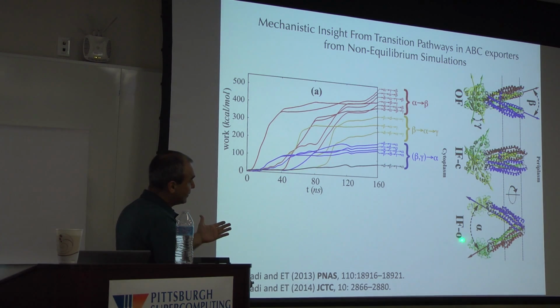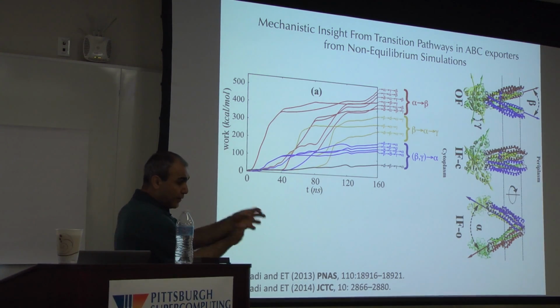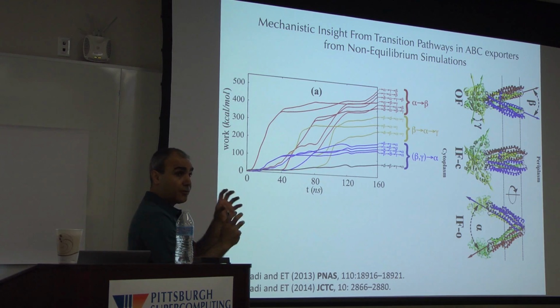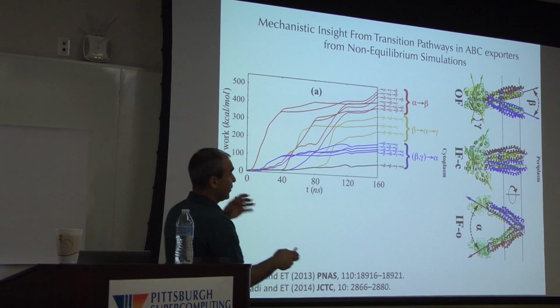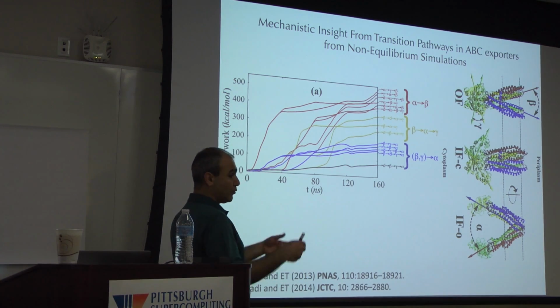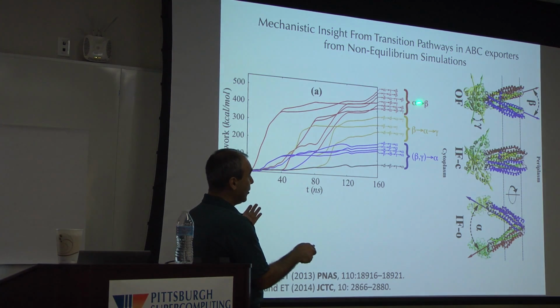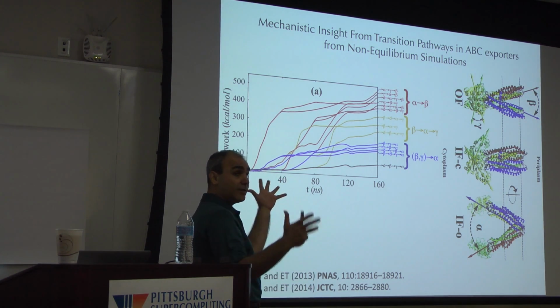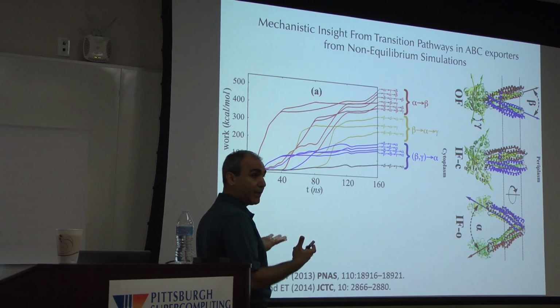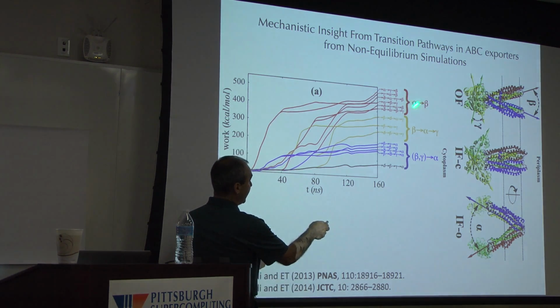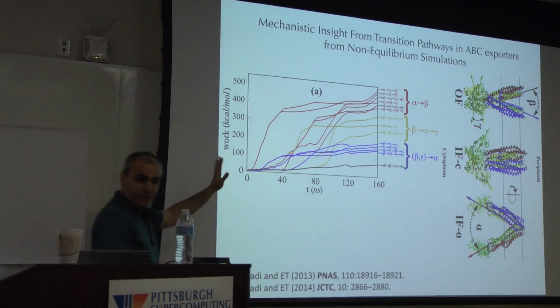And the reason is that before closing beta, you cannot open alpha. So it is mechanistically also wrong. And the protein mechanics, the way these helices are arranged, ensures that. That's very interesting. That's how this protein was selected by evolution to do this job, to be an alternating access model, because its mechanics didn't allow both alpha and beta to be open at the same time, which would violate the mechanism. So if you flip beta and alpha, everything becomes easier, and so on and so forth.